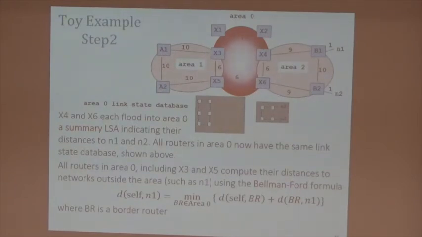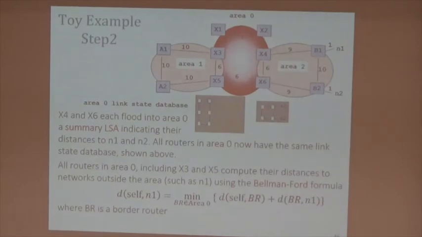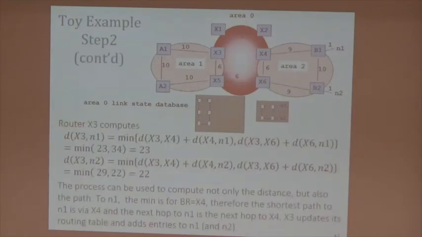Because I know in this case, the destination N1 is an inter-area destination. It is not in area 0. If it were in area 0, I would have obtained its cost by using Dijkstra. So if you want, this can be seen as an incremental Dijkstra computation. But we don't use the Dijkstra algorithm to compute it. In this case, it's very simple.